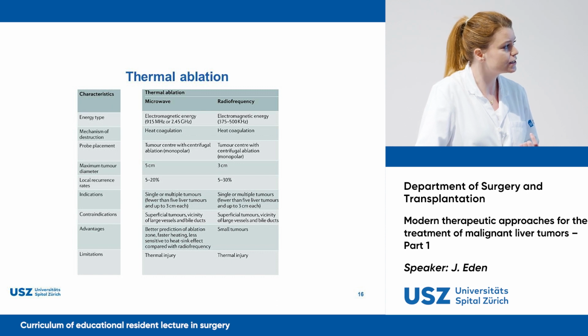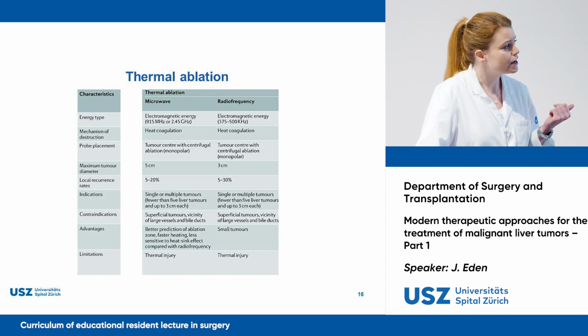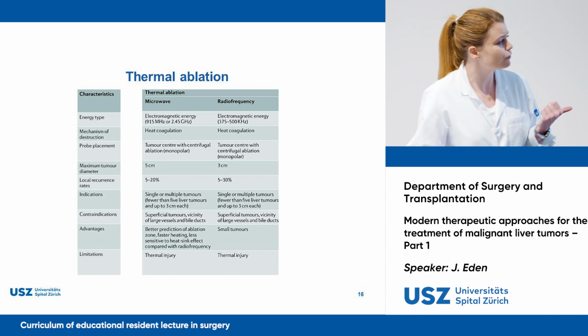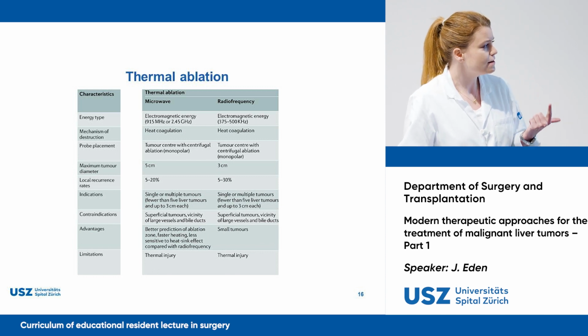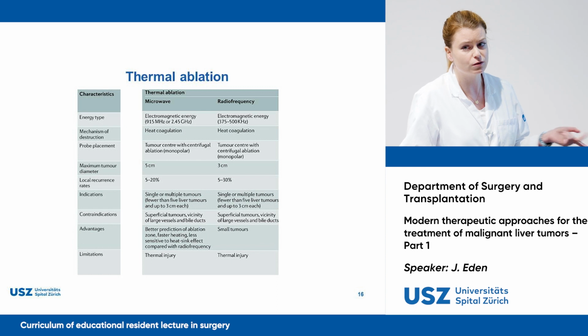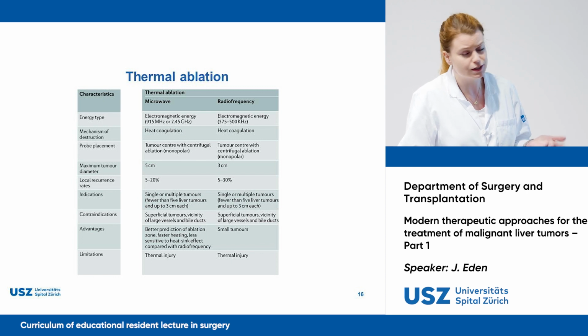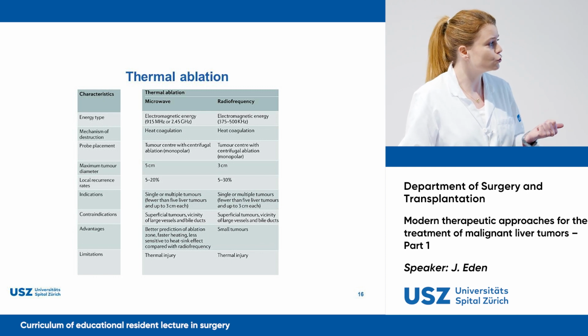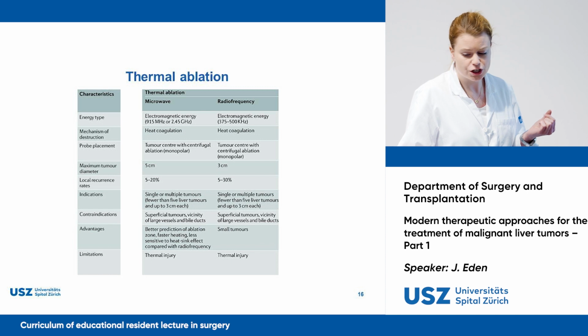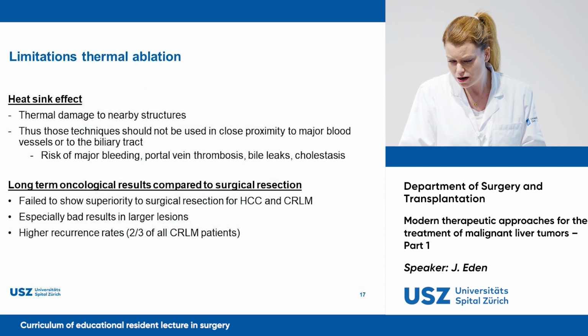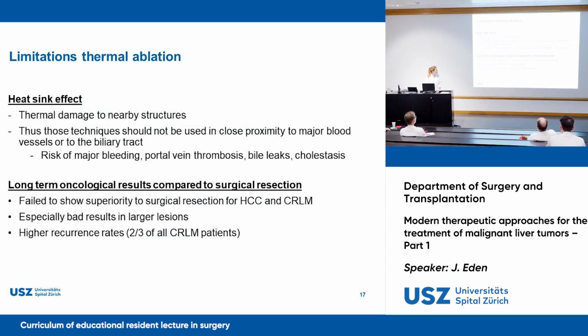And advantages for microwave ablation are a better prediction of ablation zone, faster heating, less sensitive to heat sink effect, and I will get to that in a minute, when you compare it with radiofrequency, whereas radiofrequency supposedly is better for small tumors.